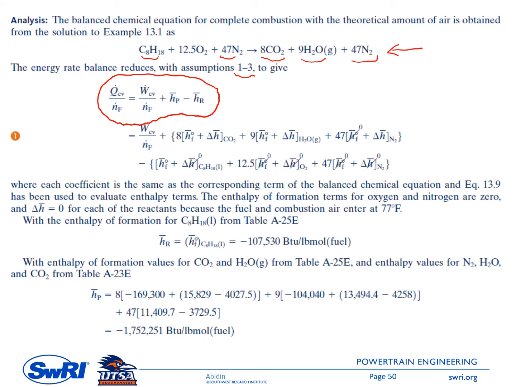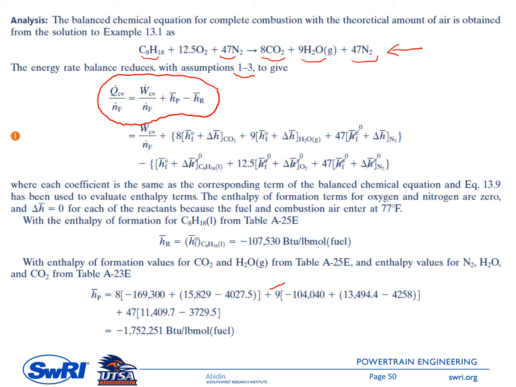So here we have this simplified energy conservation equation. On the left side we have Q dot CV per mole of the fuel. It is balanced by the work generated by the engine and the enthalpy difference between the product and reactant. So W dot CV is given there, 50 horsepower, and this is the list of the enthalpy of the product.